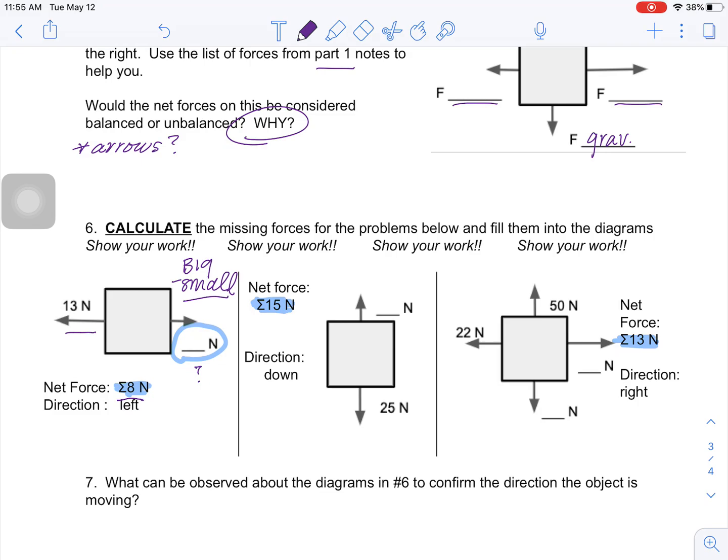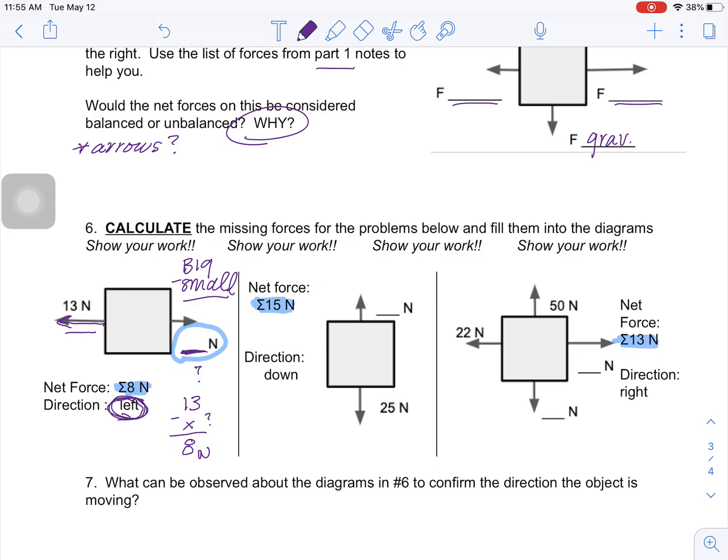Well, looking at the arrows, I can see this is clearly the longer of the two. So that's going to be my big. 13 minus x, a mystery number, is going to give me 8 newtons. So I want to solve for what that's going to be and fill it in on the blank.